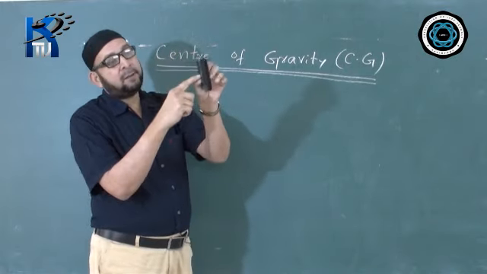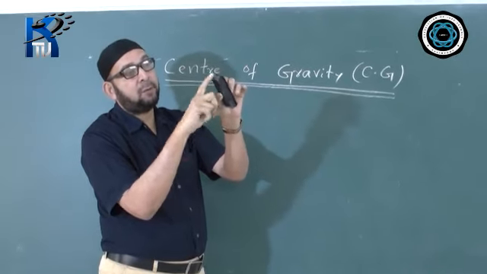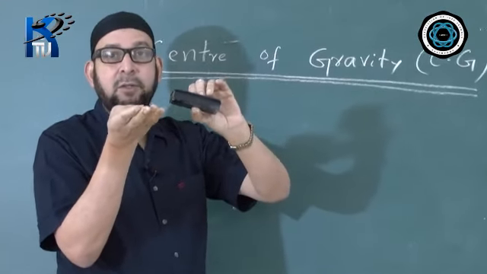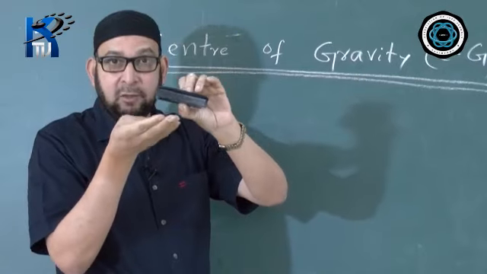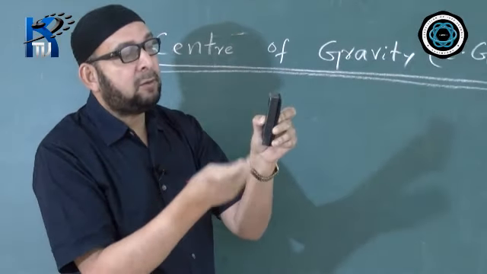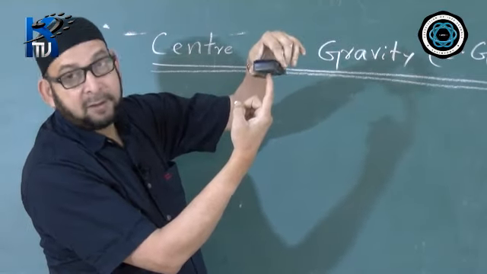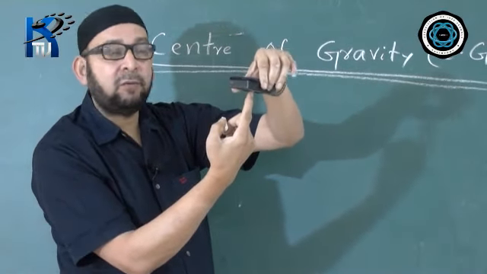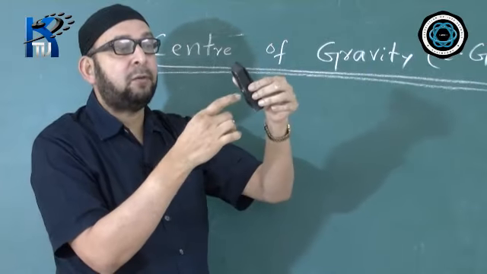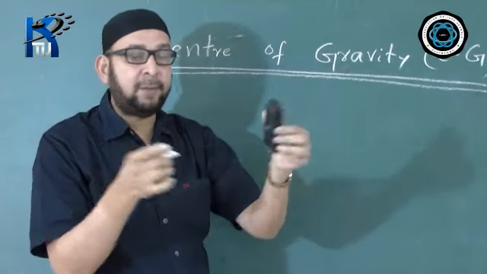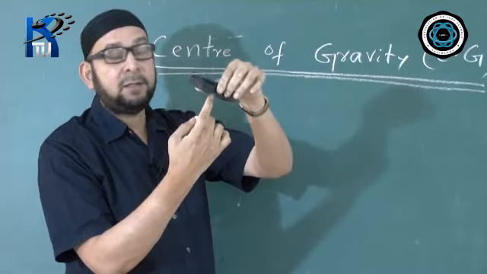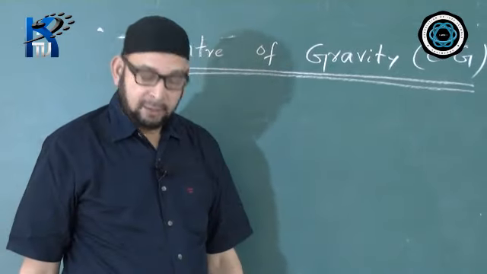The point about which the body is in horizontal position, or in rotational equilibrium, we can call center of gravity. I find that point where the body gets balanced itself. We are not placing any weights on the body, and the body gets balanced itself. That point is known as center of gravity.